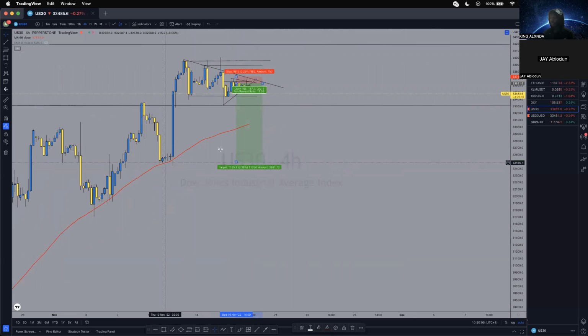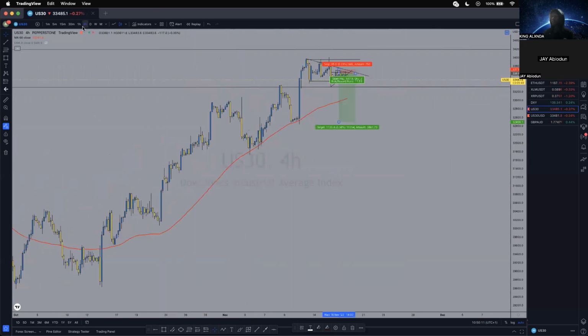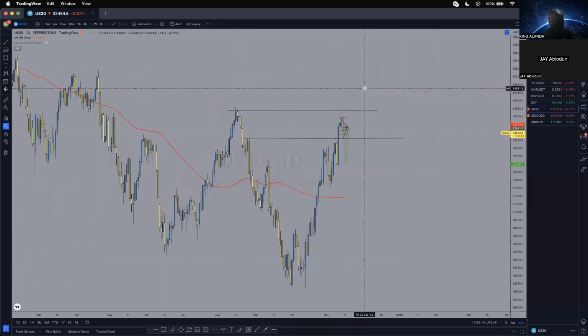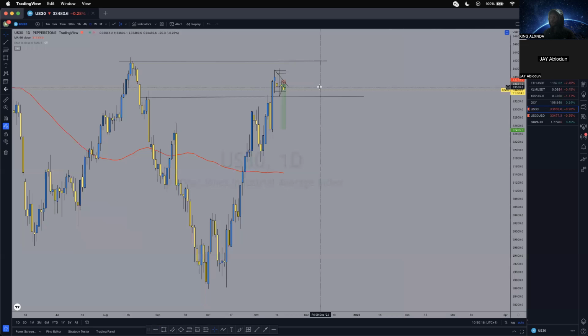It looks likely to get down there because of the daily, because of the weekly, because of the geopolitical tensions, because of the fundamentals coming out from the stock market. It looks likely that it will reach that point.